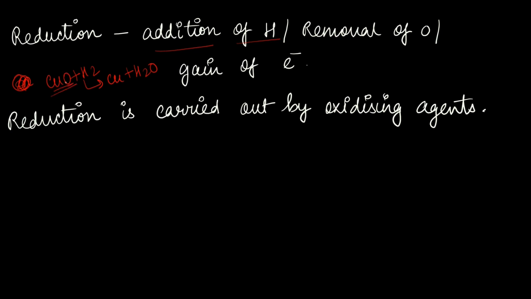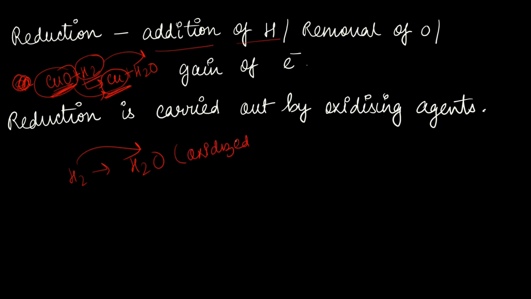CuO gets converted to Cu and H2 gets converted to H2O. Now, CuO had oxygen previously, now it has no oxygen. So, this compound CuO in this process is reduced. Now, H2 becomes H2O, so oxygen is added to hydrogen. So, this becomes oxidized.